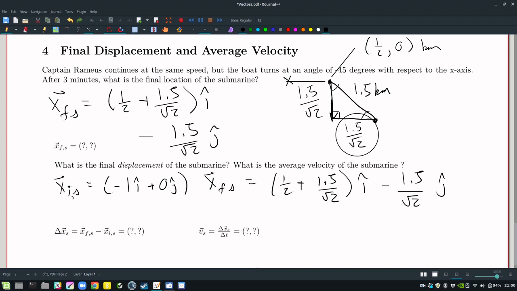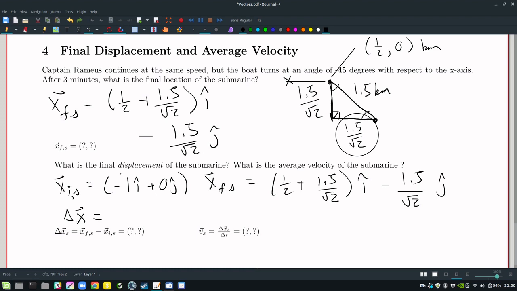And all those distances are in kilometers. So the displacement will then be the subtraction of x final minus x initial. Notice if you subtract x initial, the only term is really this negative 1i, and then the units are kilometers.